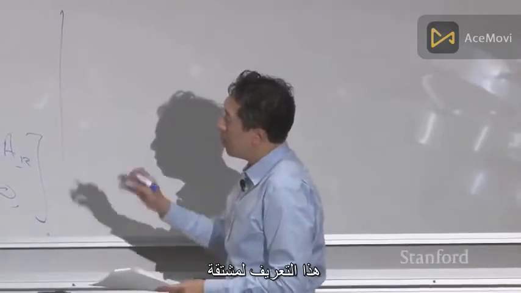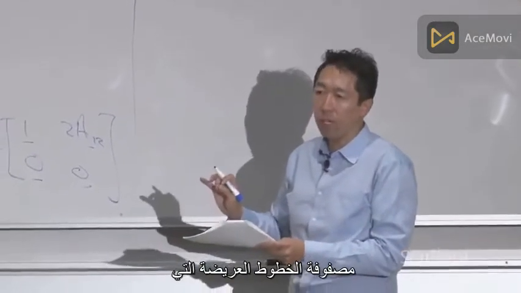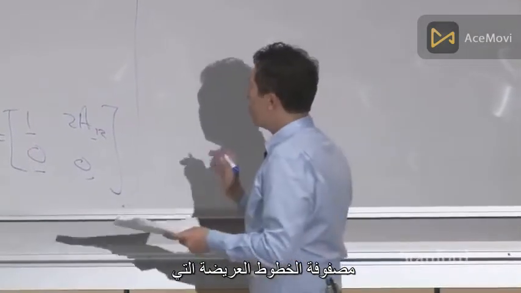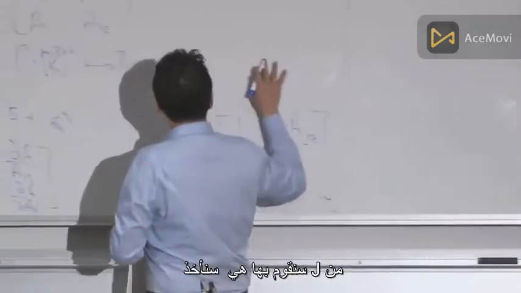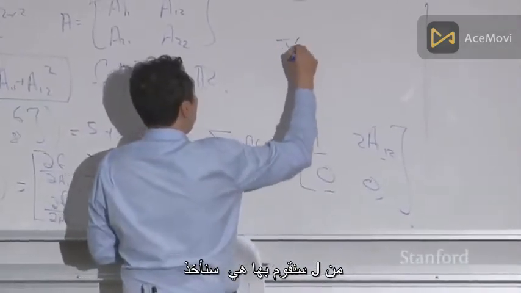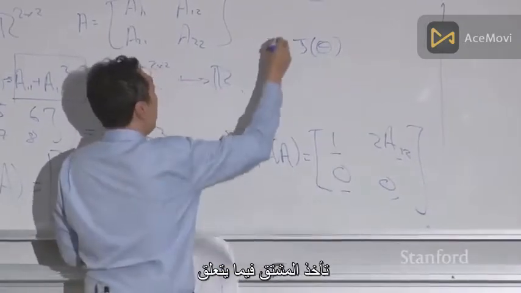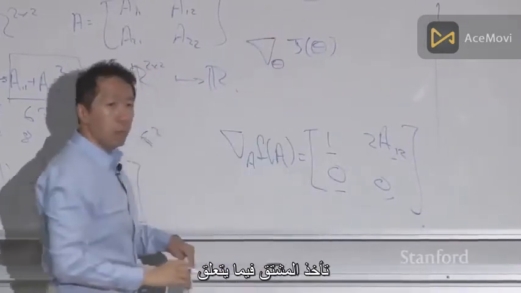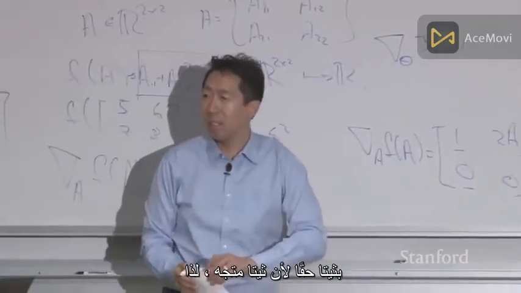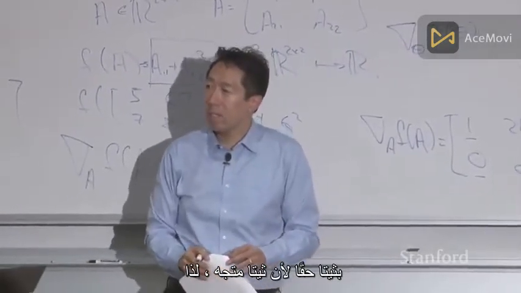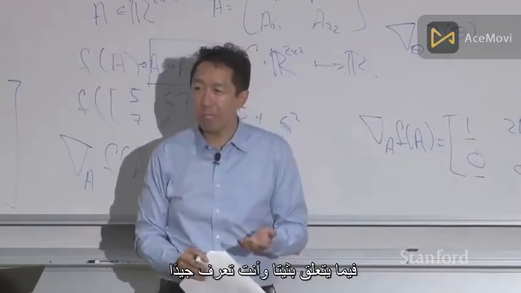Armed with this definition of a derivative of a matrix, the broad outline is that we're going to take J of theta, the cost function, and take the derivative with respect to theta, since theta is a vector.